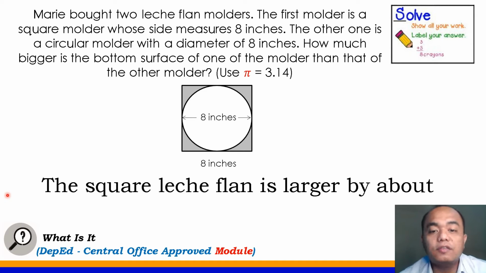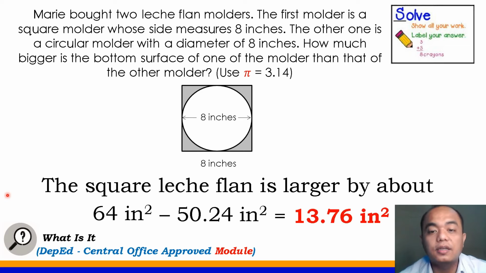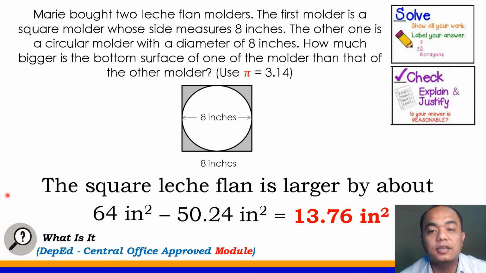So, the square leche flan is larger by about, of course, we will subtract. 64 square inches, yan yung area ng ating square. Ima-minus natin yung area ng circle, which is 50.24 square inches. So, the answer is 13.76 square inches. So, yung square leche flan natin is larger by about 13.76 square inches.